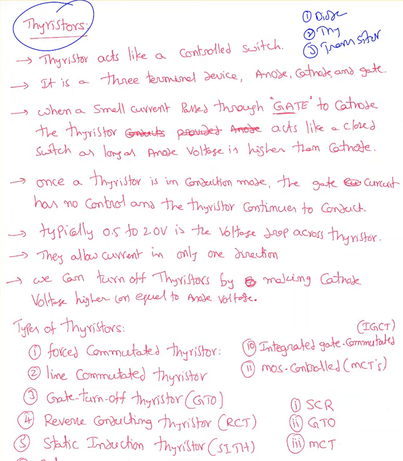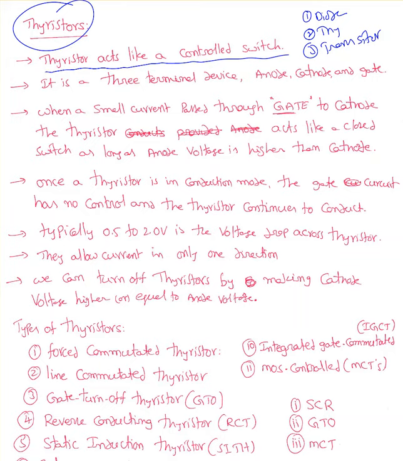Now, thyristor. A thyristor acts like a controlled switch. Basically, I can tell the thyristor when to turn on. That's the reason we call this a controlled switch. Can we say when to turn off? Not every thyristor. There are one or two we're going to discuss in this video down the line, but most of them we can only control when to turn on.